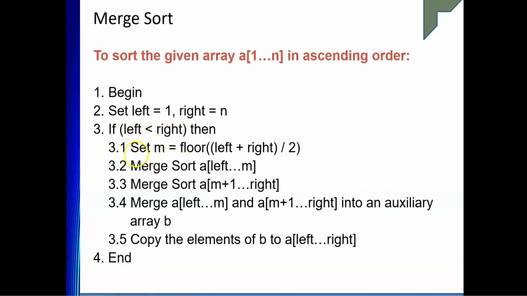If so, we again set m as (left plus right) divided by 2, and again split the array from left to m and m plus 1 to right. This way we continue. Whenever left is equal to right, we stop, and once we stop, we start merging, from left to m and from m plus 1 to right, into an auxiliary array b.